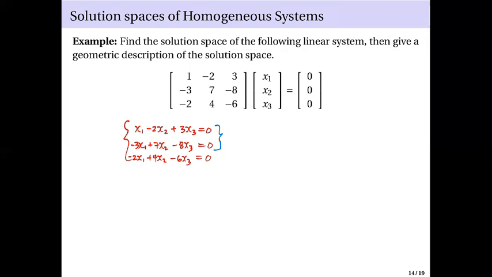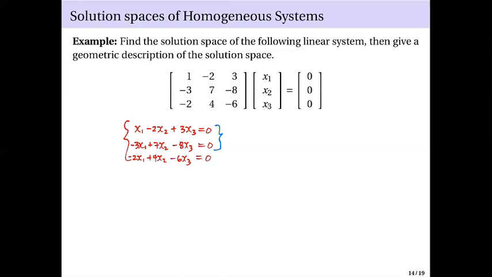So the question is, how do we solve this system? You can do Gauss-Jordan elimination. If you look at this matrix here, you can find the RREF of that using Gauss-Jordan elimination.